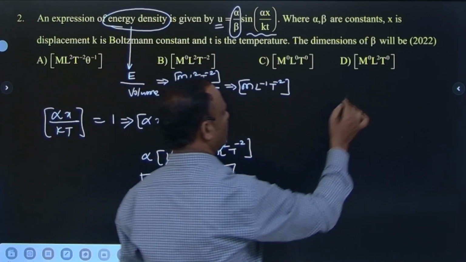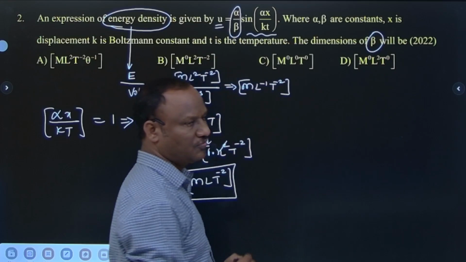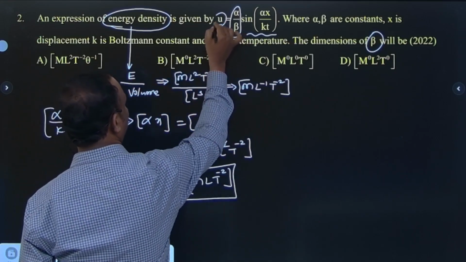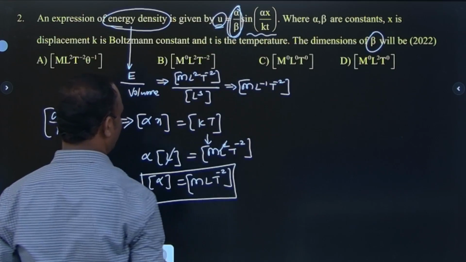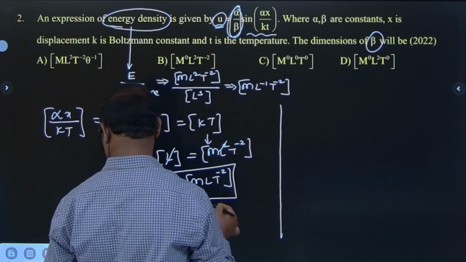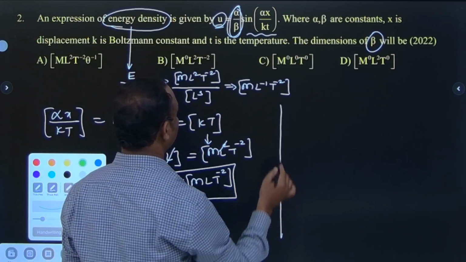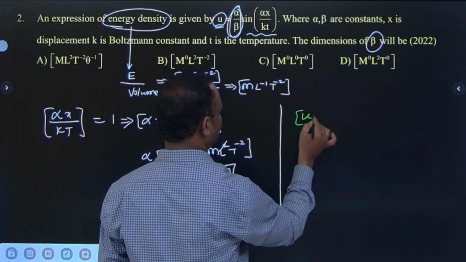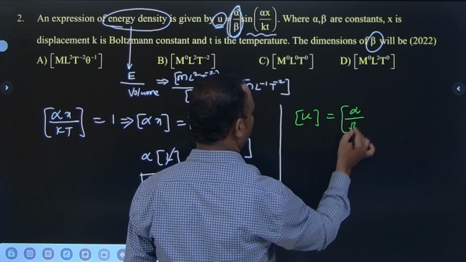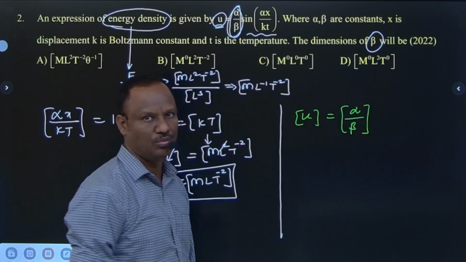But he is asking about the dimension of beta. The dimension of beta is found from the dimension of alpha by beta. The dimension of energy density is equal to the dimension formula of beta according to the principle of homogeneity.